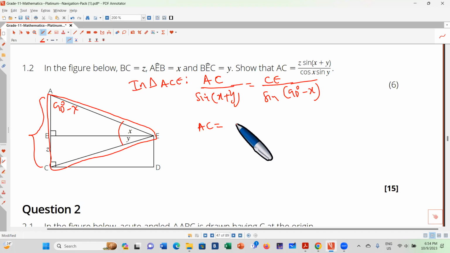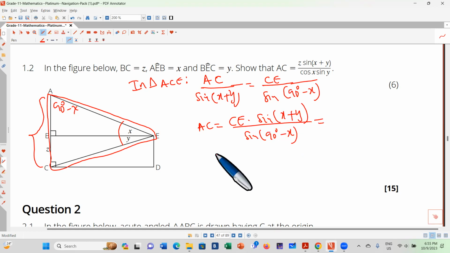If you cross multiply, the sine of X plus Y is going to go across the equal sign, giving us CE times the sine of X plus Y, divided by the sine of 90 degrees minus X.